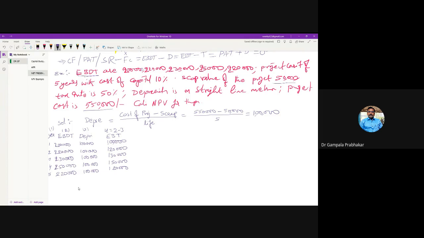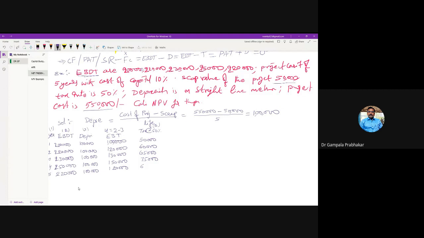Now what you have to do? You have to impose tax on this value. What percentage are they saying? 50% tax they are imposing. So 50% on 1 lakh means 50,000. This is the fifth column: 50,000, next 60,000, 65,000, 75,000, and 60,000. Am I right? If I am wrong, please correct me.